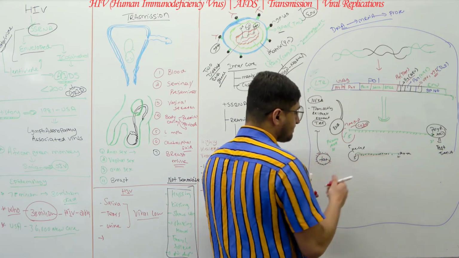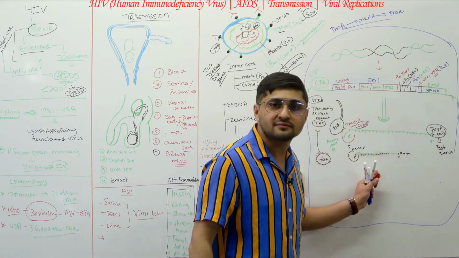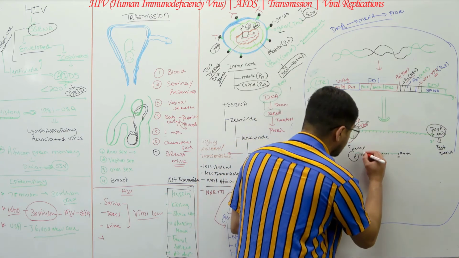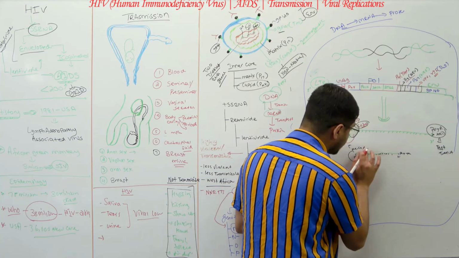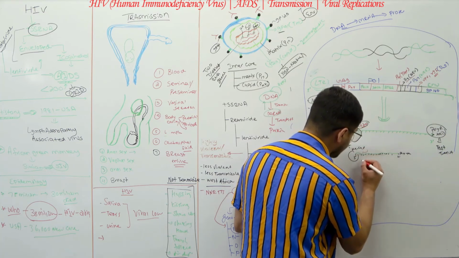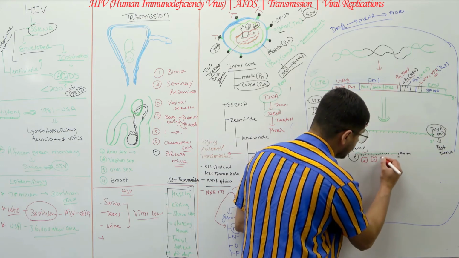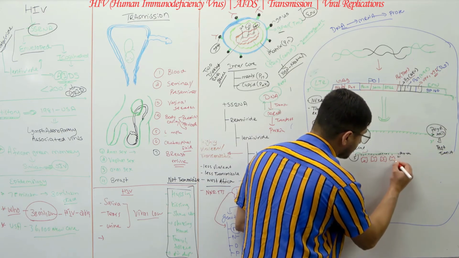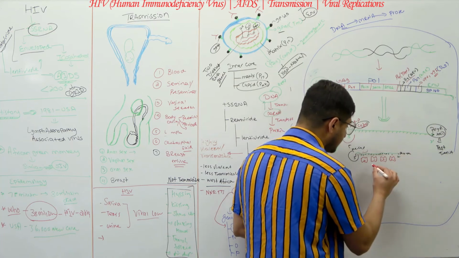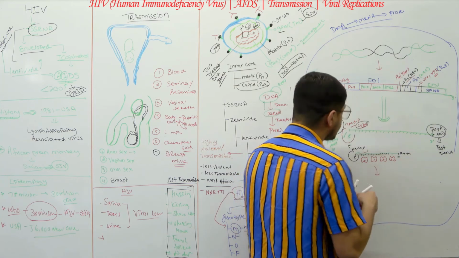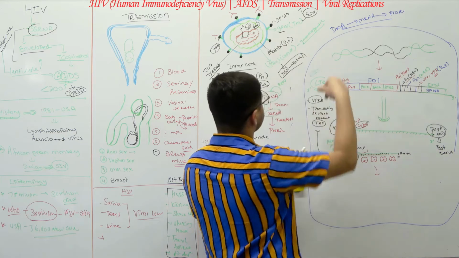This gets thrown out into the cytoplasm. There, the ribosomes read this mRNA transcript and synthesize different proteins. For example, in our case, what are we trying to make?